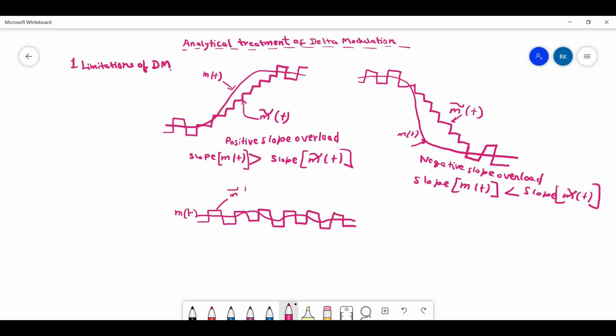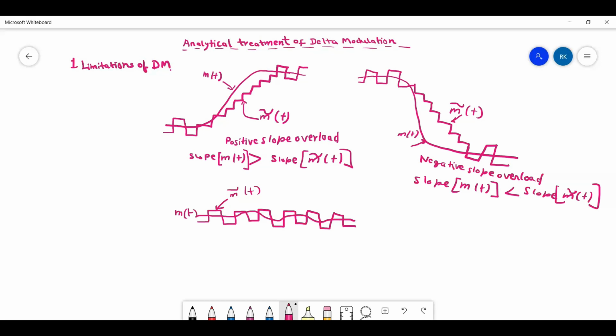Let's call it the approximating signal m cap(t). Now, in this case, the amplitude changes less than a step size. So this is another kind of an error. The variations in m(t) are such that they are within the step size. Hence, the waveform m cap(t) is like a square wave.